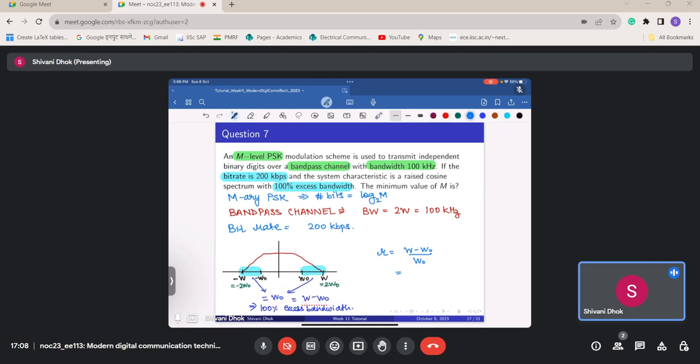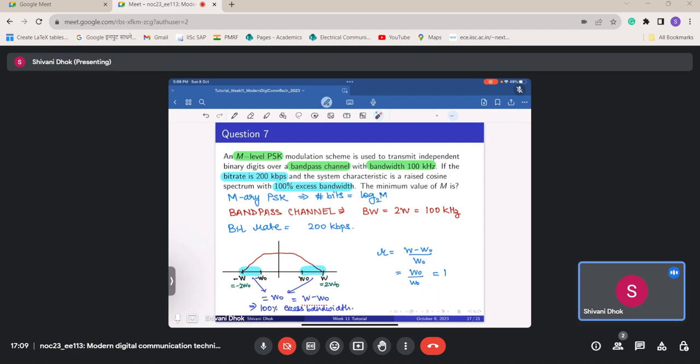So what we have here is W naught upon W naught, which comes out to be equal to 1. Okay, so this much information we have. So we have bit rate, we have bandpass channel bandwidth, which is equal to 2W. We have the number of bits in terms of M, and we have the value of roll off factor.